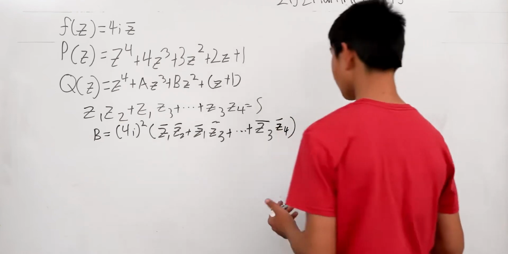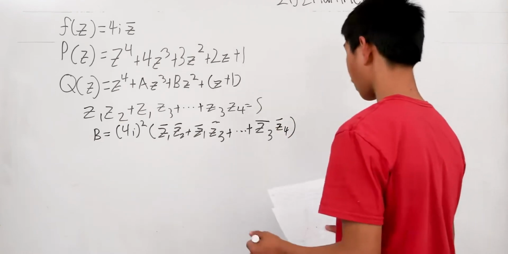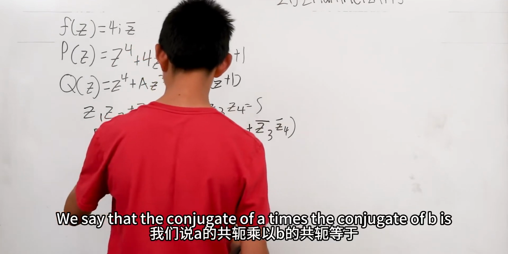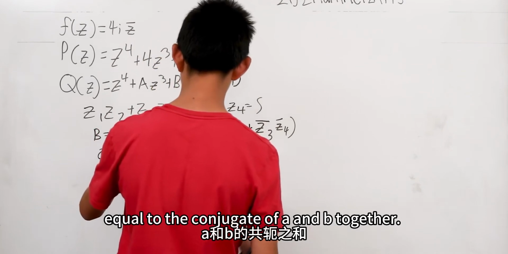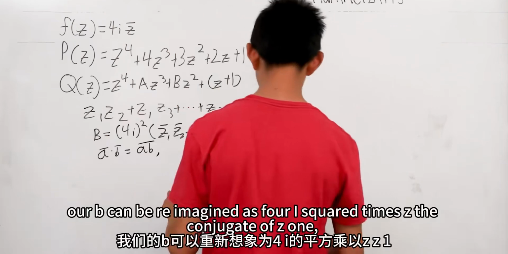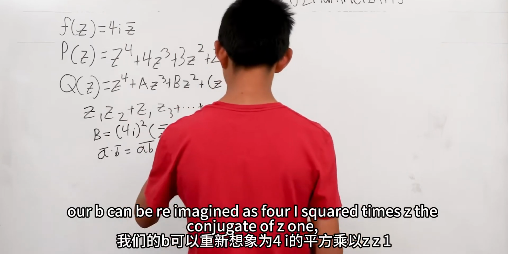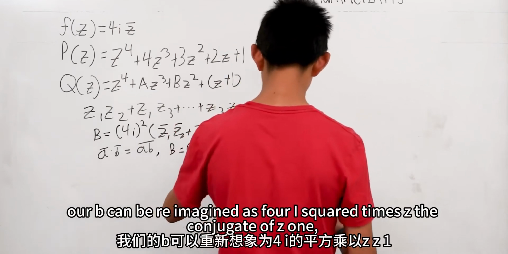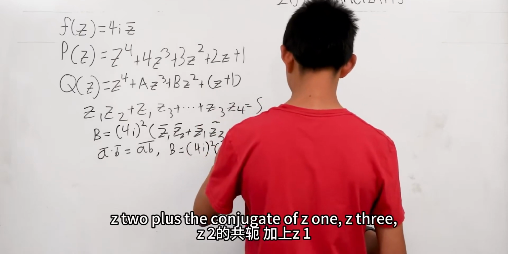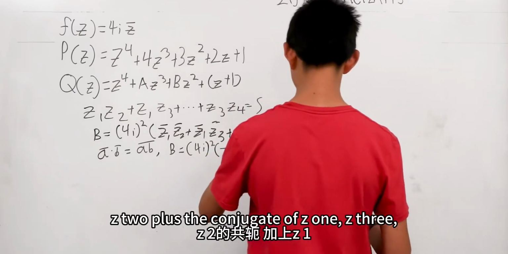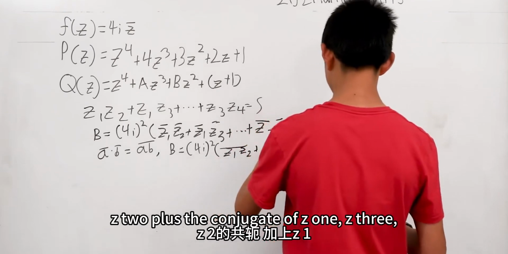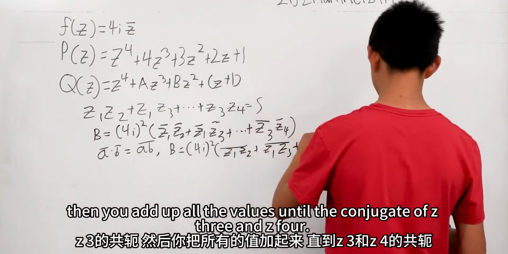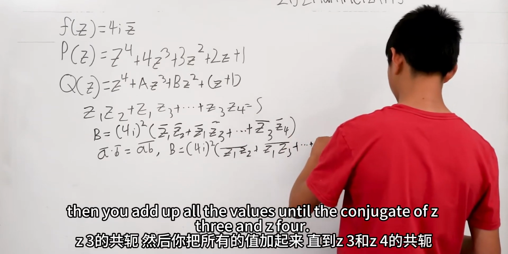Now, due to conjugate properties, we can use one of them: the conjugate of a times the conjugate of b is equal to the conjugate of a times b together. So our b can be reimagined as 4i squared times the conjugate of z1 z2, plus the conjugate of z1 z3, and then you add up all the values until the conjugate of z3 z4.